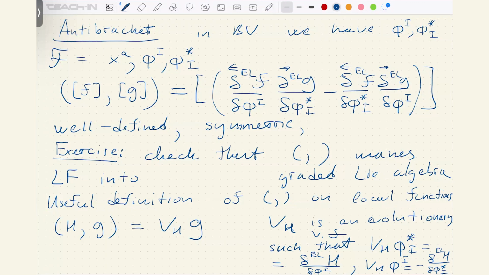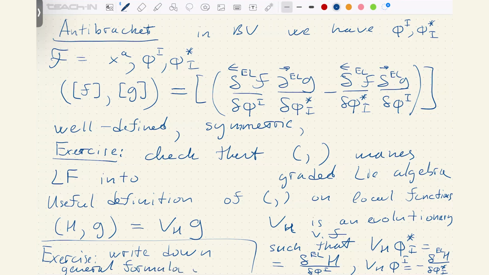But then we can extend it to anything. And a small exercise: write down a general formula for the bracket of H and G, which is equivalent to writing V_H.